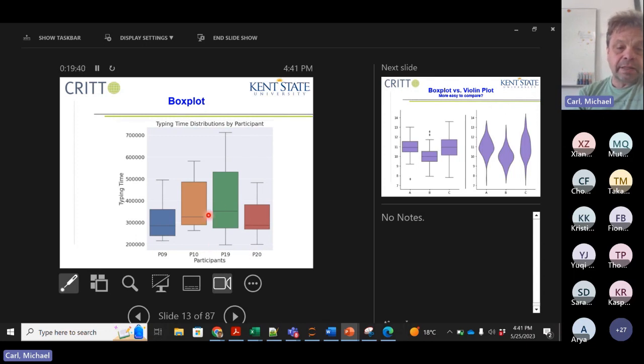This P19 here on the median is most elevated of all of them, but the variation is also much higher here. You can see that some of the data sets were very quick, and some took much longer. So this P19 has a much higher variation than, for instance, this P20 here.